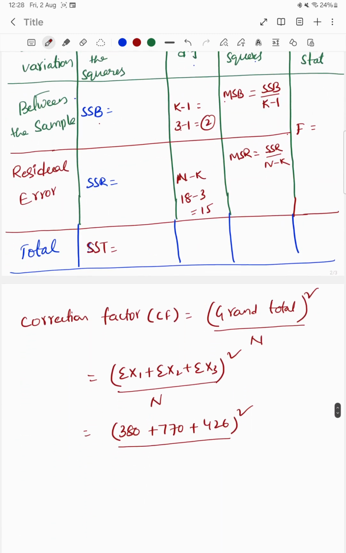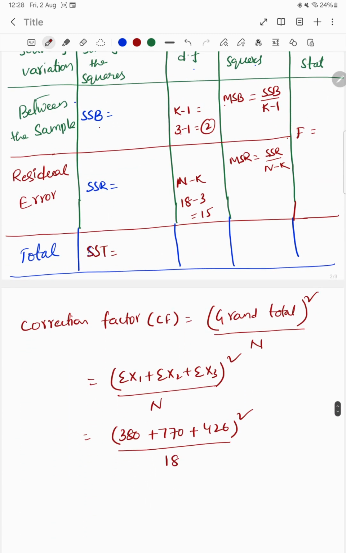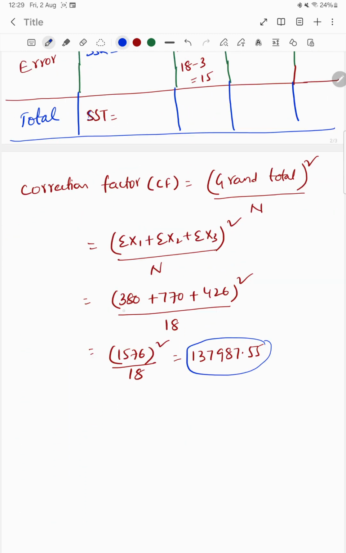So total subsamples are 18. So I have substituted summation x1, x2, x3 whole square by 18. The sum of all this is 1576 whole square by 18. If you put this into a calculator, you will get this value. So this is about the correction factor.